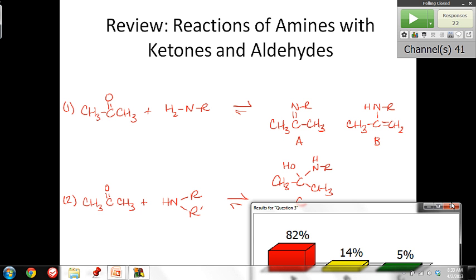C is one of the products along the way towards the final product. The book uses a strange term for this because this is called an aminal. It's still an aminal, whether it's a ketone or not. But that's a compound along the way. But the final product is A.